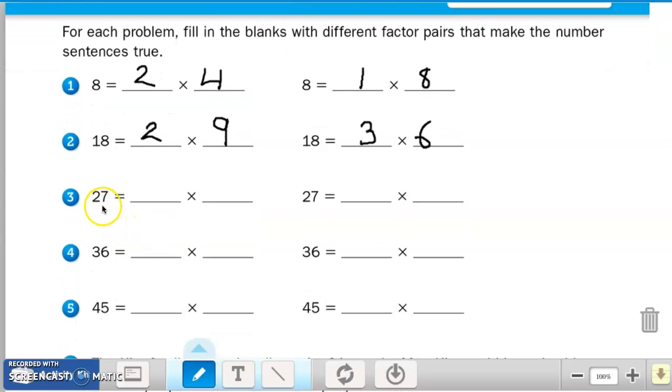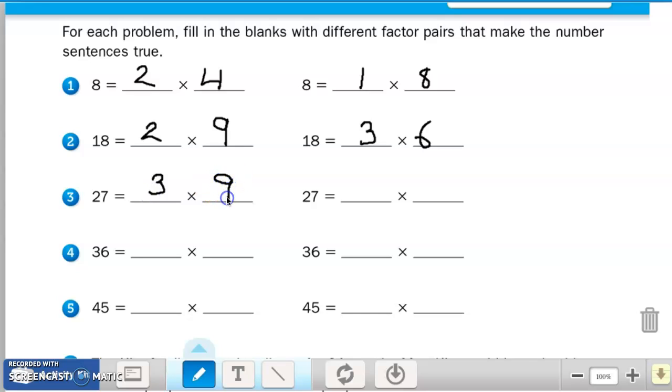Okay, now 27. 27 is not even, so we cannot multiply it by 2. Let's try to multiply by 3. 3 times 9.